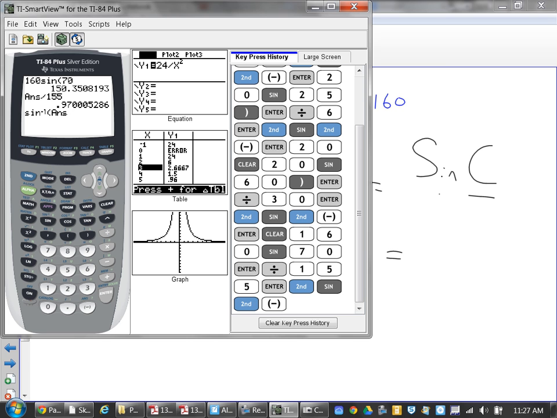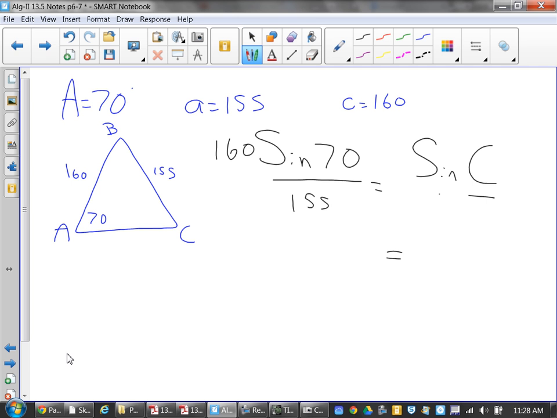Use the answer key here, guys. Don't round stuff off. 75.93. Always want to go two decimals. Here's what you did yesterday. So now you've got an angle at 75.93.